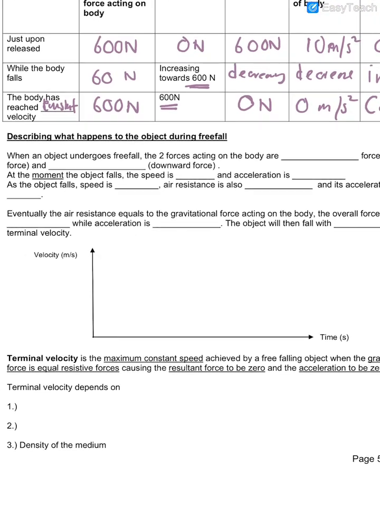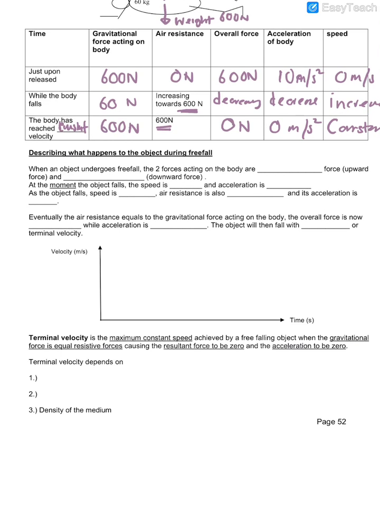So you understand. The blanks here, I think you should be able to fill up. My first sentence: air resistance at each. Then carry on. At the moment the object falls, the speed is 0 and acceleration is 10 meters per second squared.